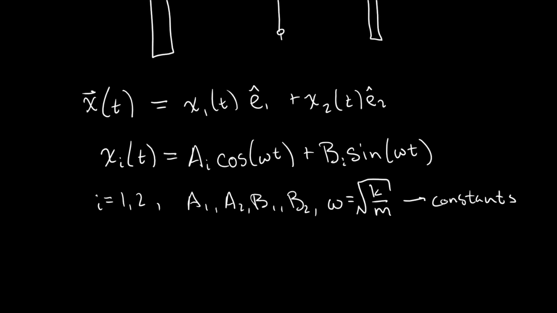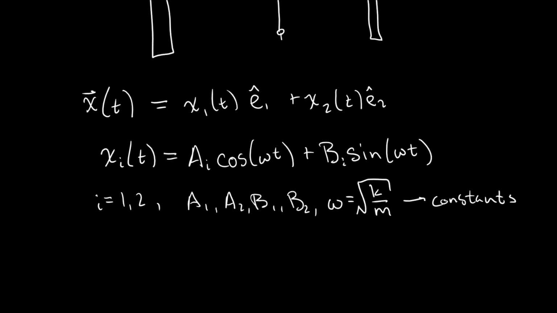These are just some numbers which we fixed by setting some boundary conditions or initial conditions. We might say that x of 0 is equal to 1 and x prime of 0, or the derivative of x, is equal to 0, whatever it may be. We choose those and fix these constants. And omega is a constant associated with the physical parameters of our system.